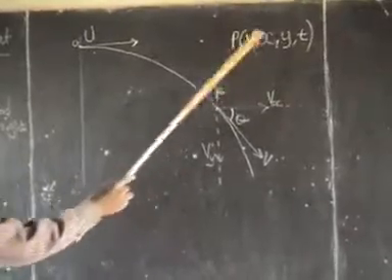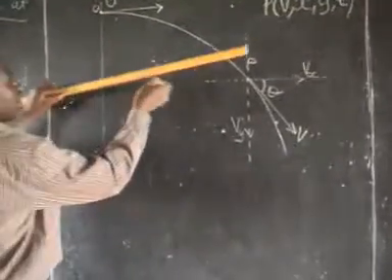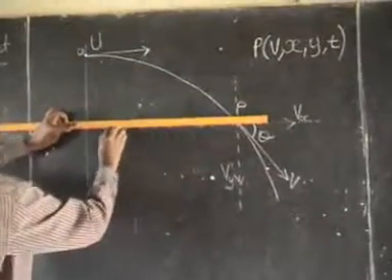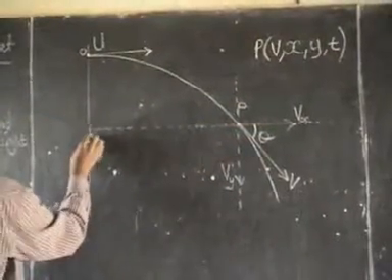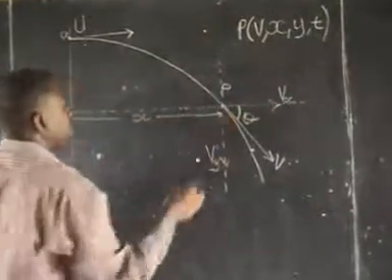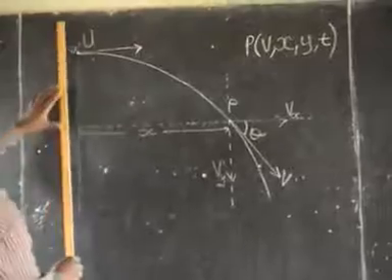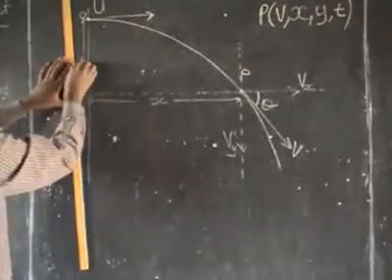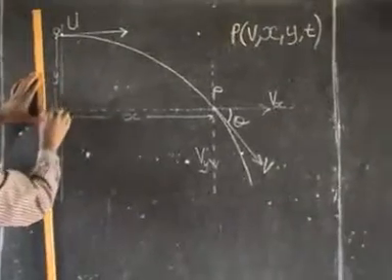So in this case, the x will be the horizontal displacement, and the y is going to be the vertical displacement.